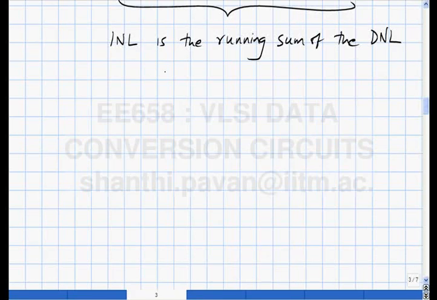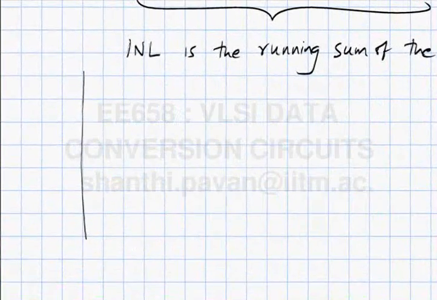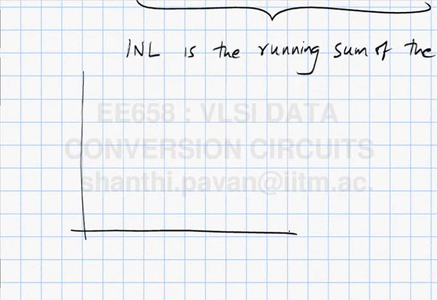But it is entirely possible to take a converter where the quantization step is so small that you are not able to see the step. If you look at a step-like waveform from far away, it looks like a smooth curve. A curve like this is monotonic, in the sense that there are no missing codes at all. If you go on increasing the input, the output will go on increasing.